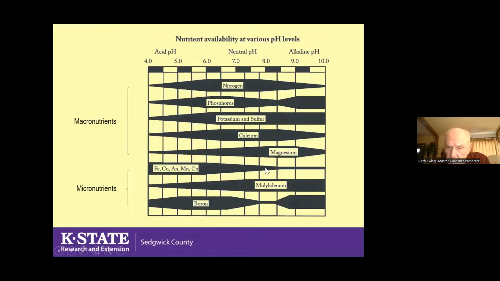And each one of the nutrients is affected a little different way. But the bottom line is, if you have an extreme pH, I say extreme, if you have a pH that's either high or low, say lower than 6 or higher than about 7.5, then it can start affecting some of the nutrients in your soil.